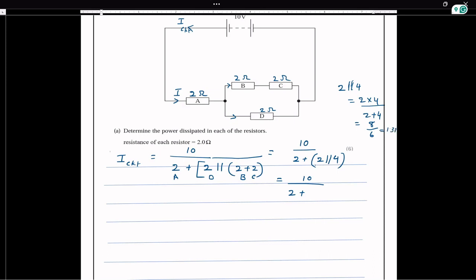So I'm using it here, 1.33. So finally, 2 plus 1.33, 3.33, 10 over this is giving me a current of 3.03 amps. This is the current.